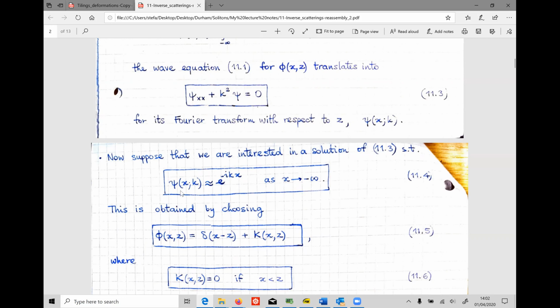So in particular, we require that psi goes like exponential of minus ikx as x goes to minus infinity. Okay, so like a fixed plane wave, but only as x goes to minus infinity. Okay, so how do we obtain a general solution to equation 11.3, which obeys the asymptotics 11.4?